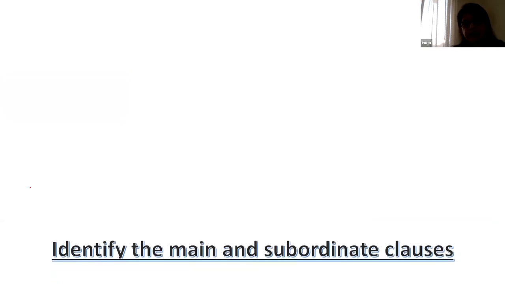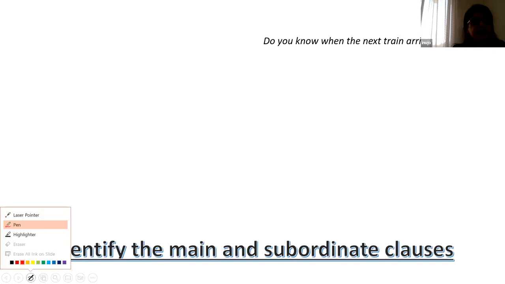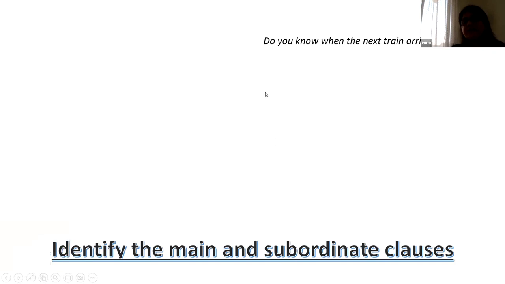Now let us try to identify the main clause and the subordinate clause in these respective sentences. Do you know when the next train arrives? So here, children, can you tell me which could be the main clause and which is the subordinate clause? Normally, all these subordinate clauses, the noun clauses, start with when, what, how, that.